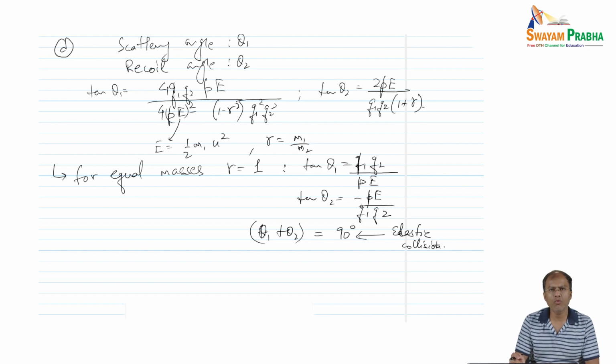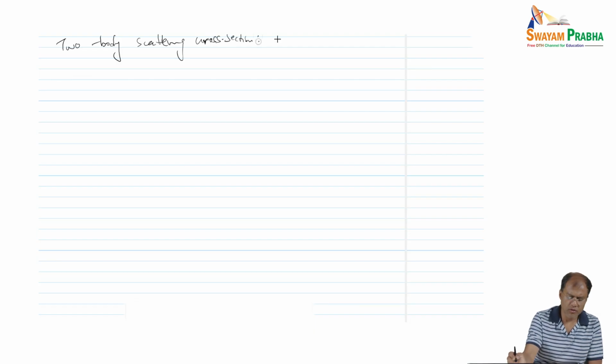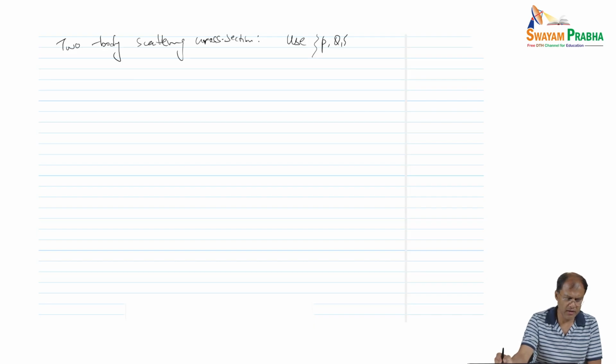Okay, so then we talk about the two-body scattering cross-section next. Again we use the p theta 1 relation for the two-body problem, right?